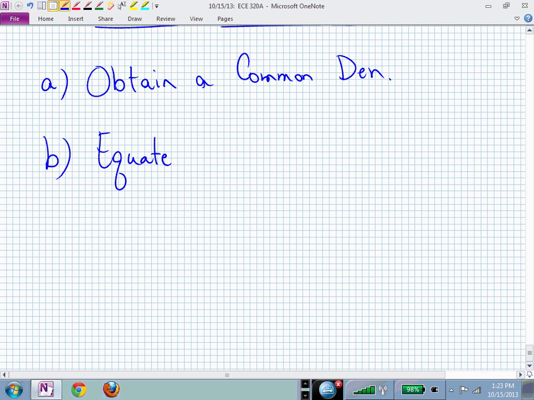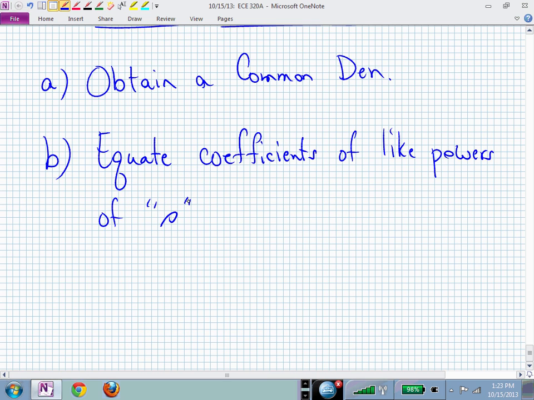And to equate the numerators, you need your polynomials to be the same, which means you need to equate the coefficients in those polynomials on the left side and the right side. This will make more sense as we go through an example. But now we're going to equate the coefficients of like powers of our complex frequency variable s in the numerator.